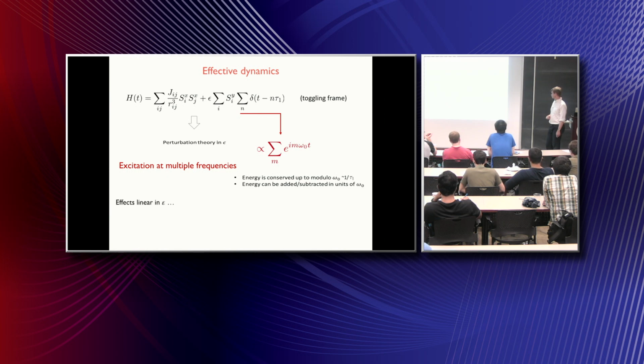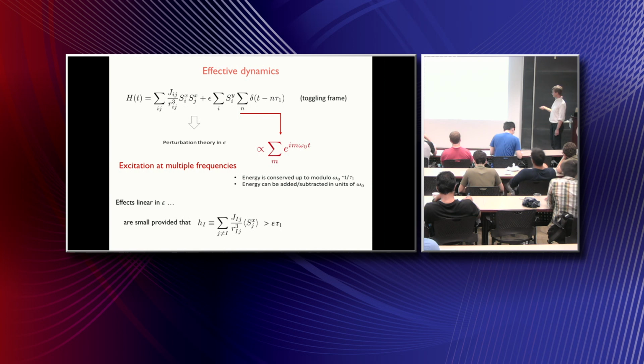So now we can first look at the effects linear in epsilon and how they affect the system. These effects, linear in epsilon, clearly will be small, provided this first term is much larger than epsilon tau, and that's precisely this mean field condition.